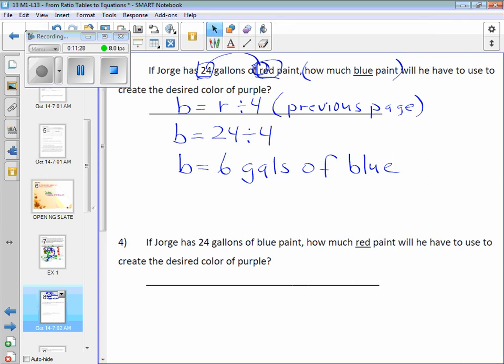Pick red just so we can see it. Like how you wrote it there, could you just write it like this? Let's see if it works. What's the value for R? 24. Is 4 divided by 24.